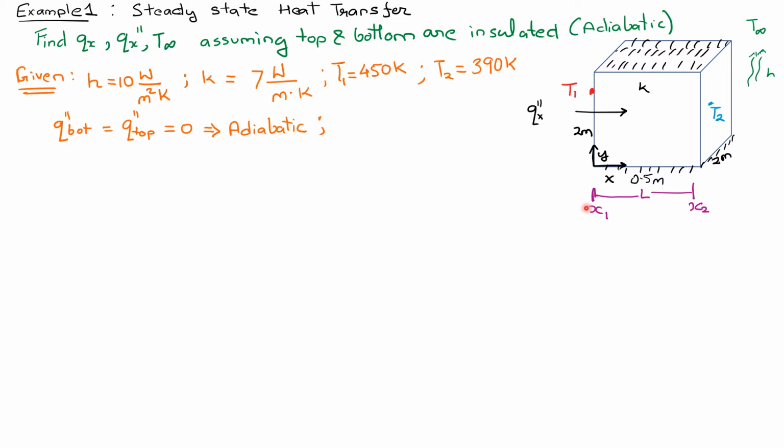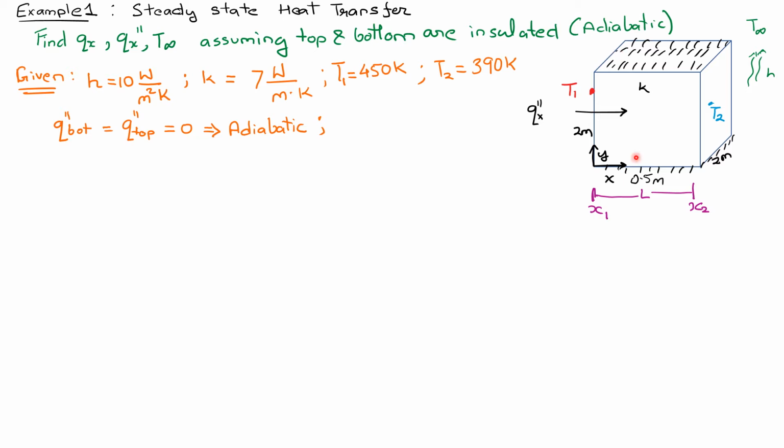So for this particular problem, we've taken a solid cube, a cuboid actually. The dimensions of the cuboid are 2 meters high, 0.5 meters thick, and 2 meters deep. The left surface of the cuboid is at a temperature T1, and the right surface of the cuboid is at a temperature T2.